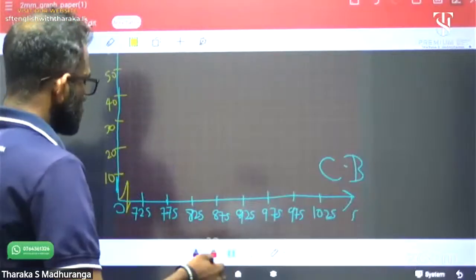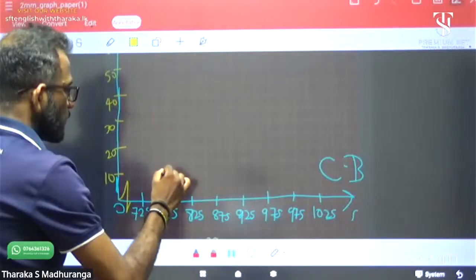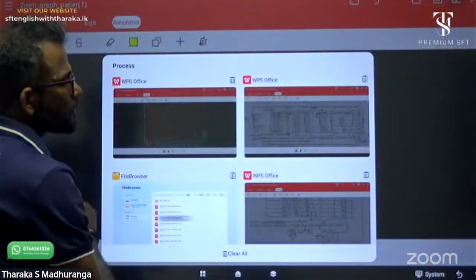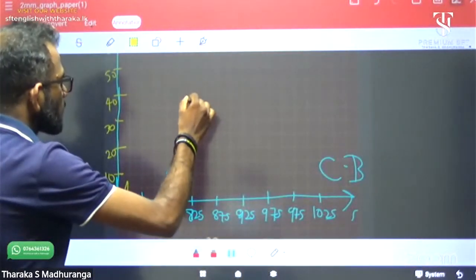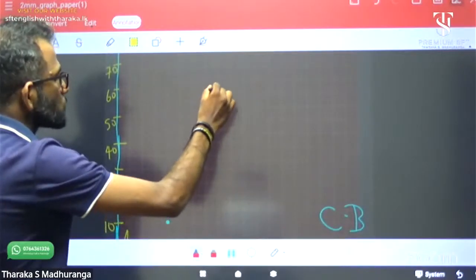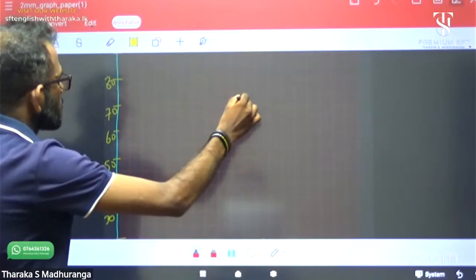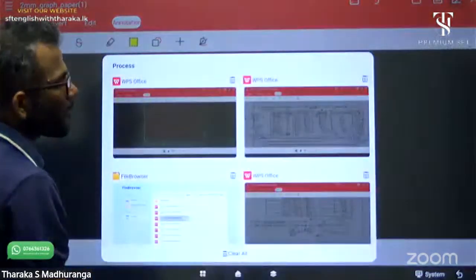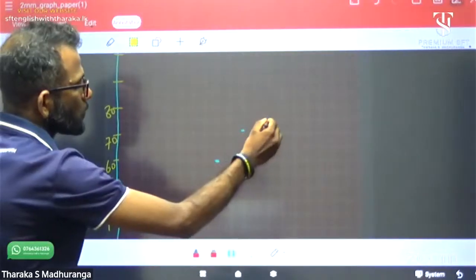Always upper boundary. Upper boundary 10, 40, 60, 71, 74.